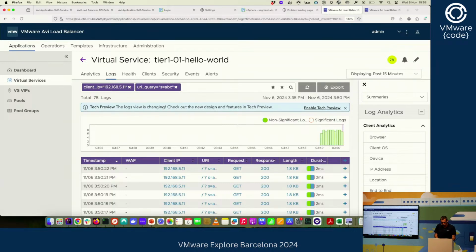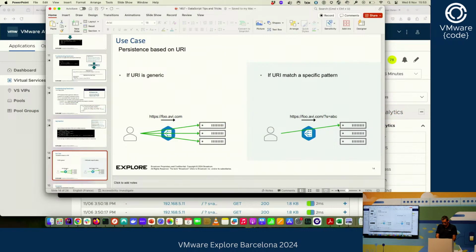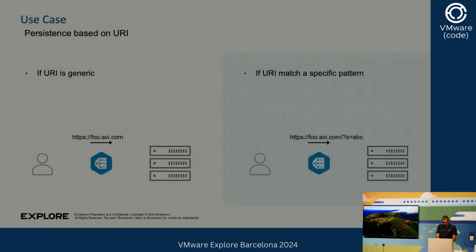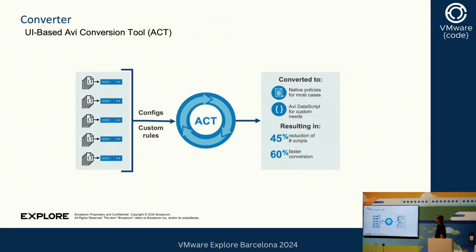And for the other things where you need Datascript, we have something which is called the converter, right? So basically, this is something that we want to tell you. The converter is something that can read your F5 configuration. So you can just copy your bigip.conf, right?